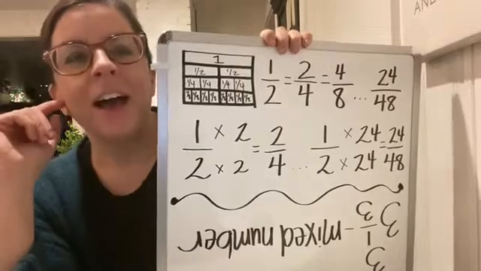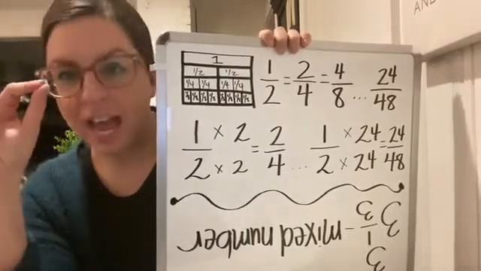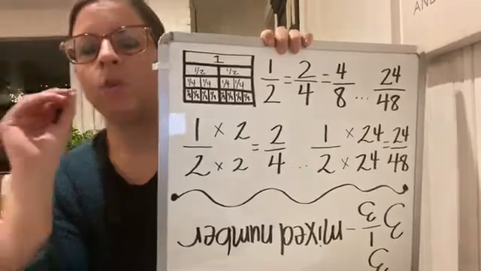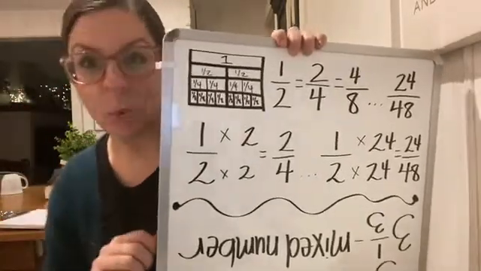That was rough. Okay, so you just have to do the same thing to the top as you do to the bottom in order to make it equivalent, equal. So let's try a few and see if we get it.